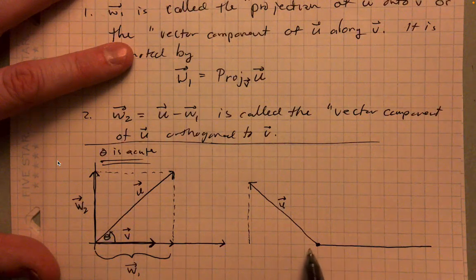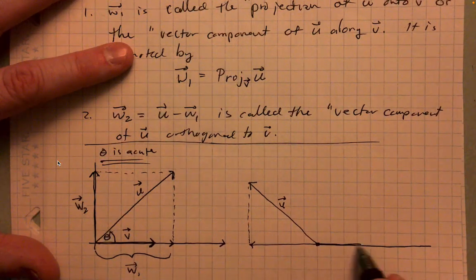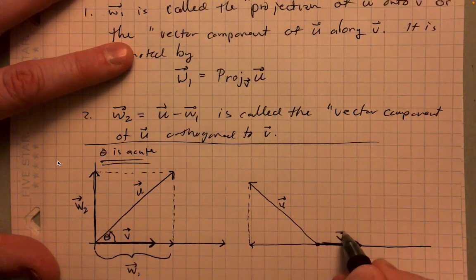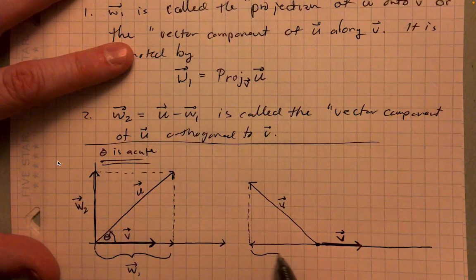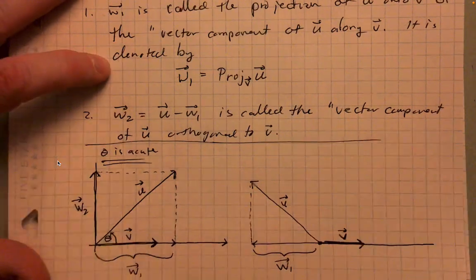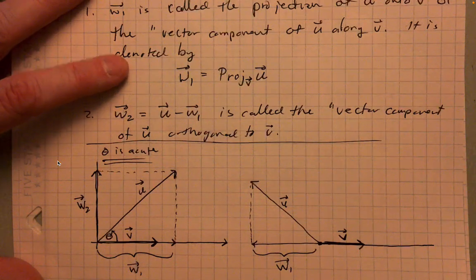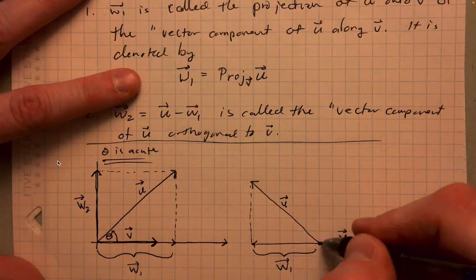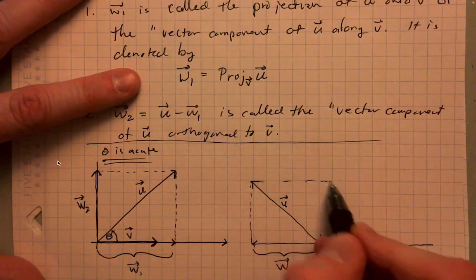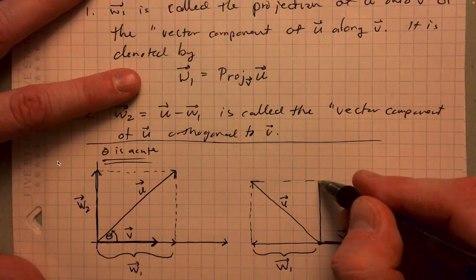And so my w1 is over here, and my v is still this direction. But now my w1 is like this. And then where's my w2? Well, it's right here. So you can think of this as dropping back like so.